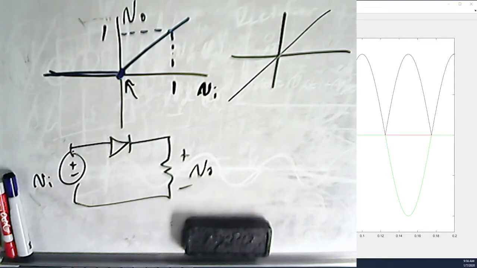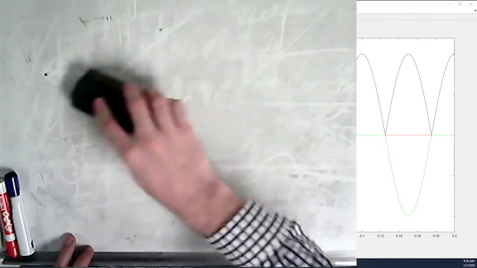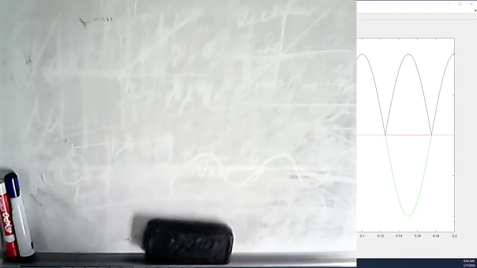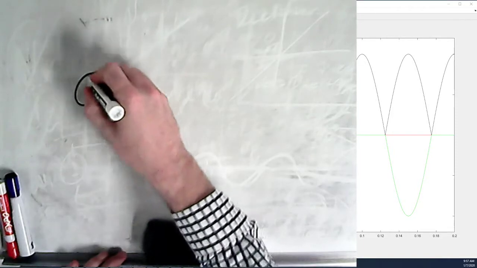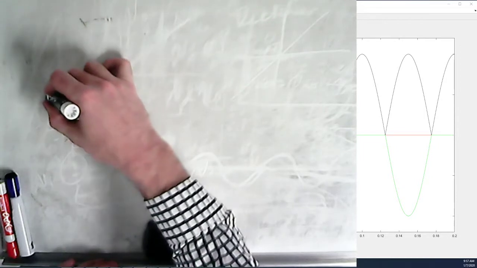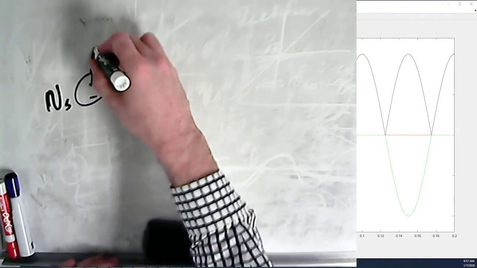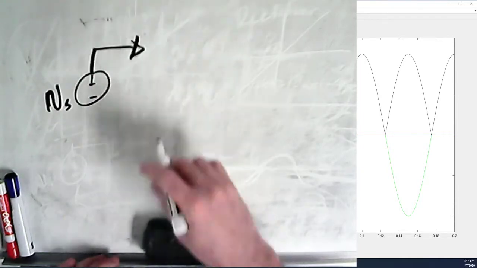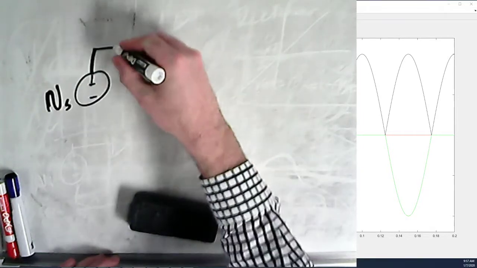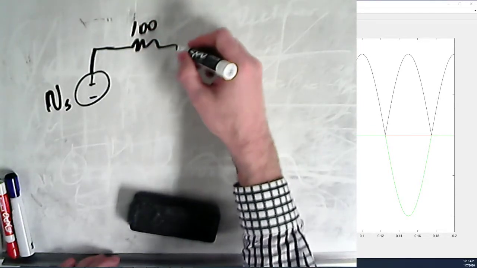Rectification, is it helpful at all? Maybe. Let's do a quick example that they have in the book. I think this one's really useful to just get an idea. We have V sub S, that's a big S, and a 100 ohm resistor.